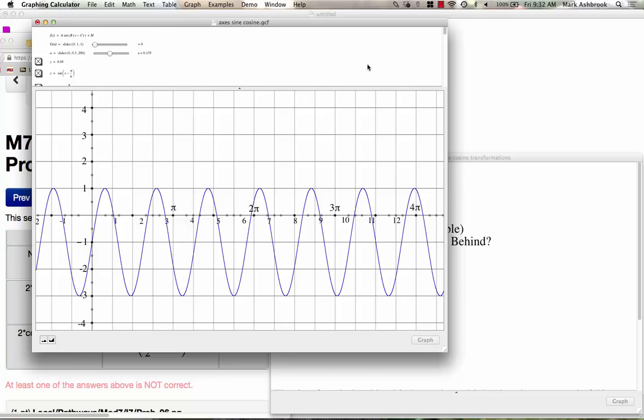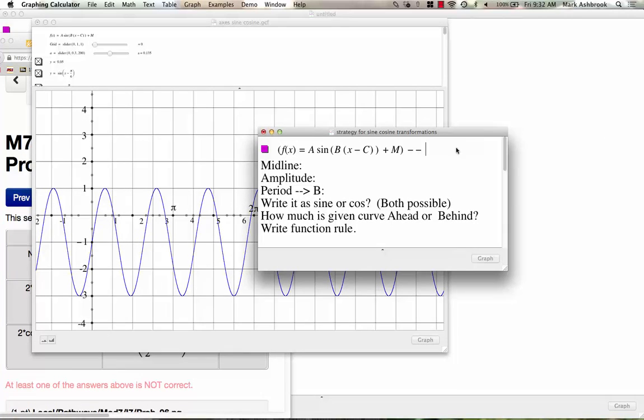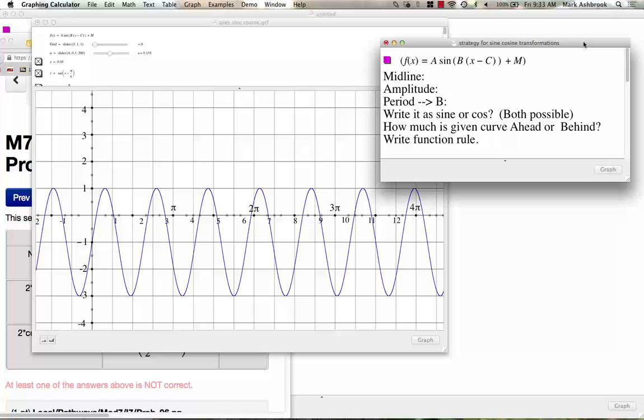It's just repeating. Okay, so the first question is, when you get to part B, or when you get to the period, you have to recognize whether it's based on a pi scale or an integer scale. So it can be both. Here I'm showing pi scale on the axis right now.